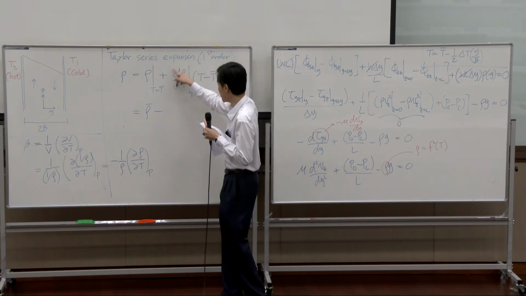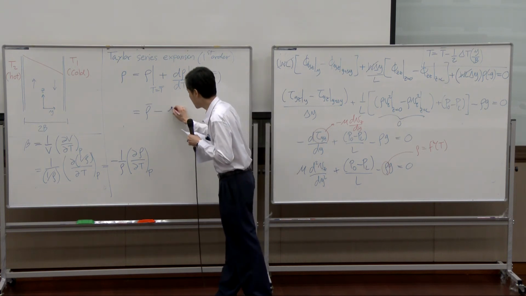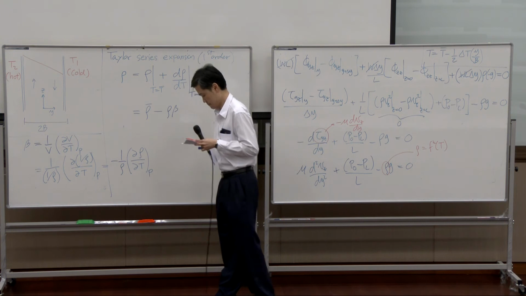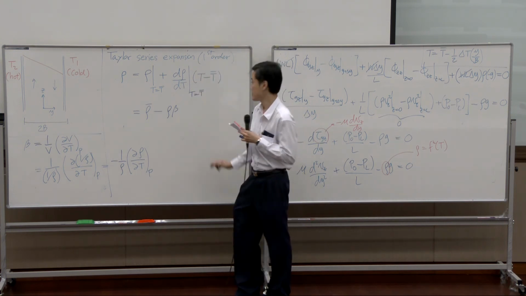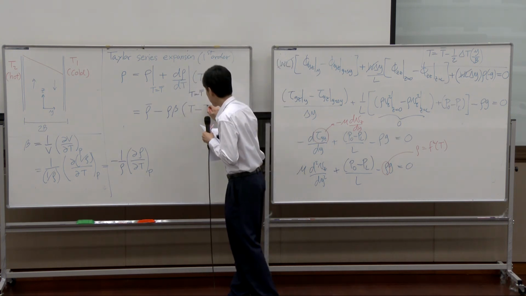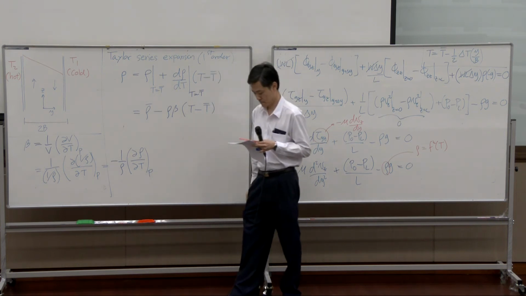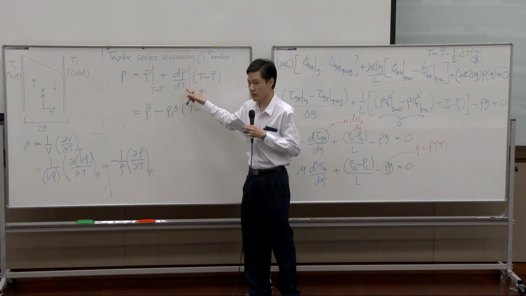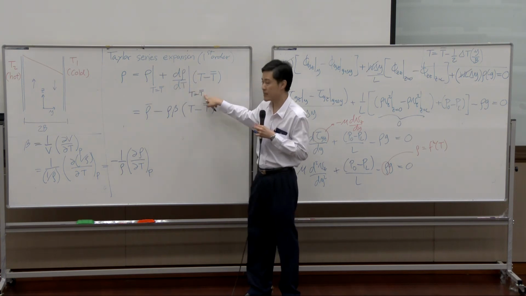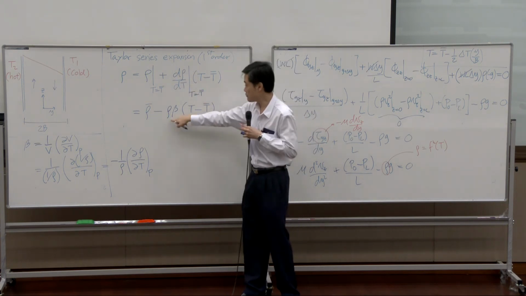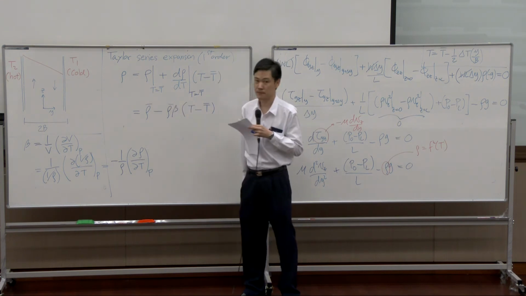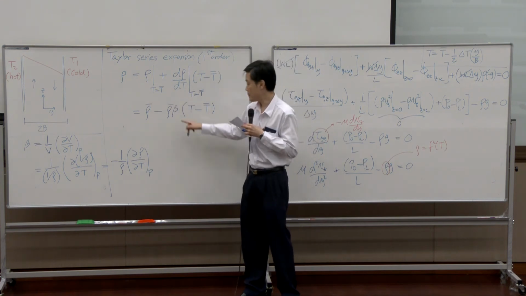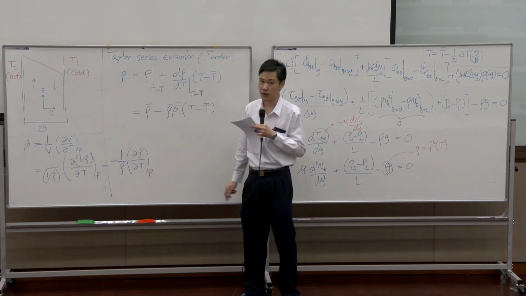So this term is going to be minus rho beta times T minus T bar. Of course, the whole differentiation takes place at T bar. So this rho would be rho bar. The beta would be called beta bar as well.